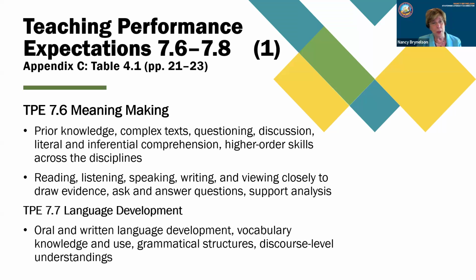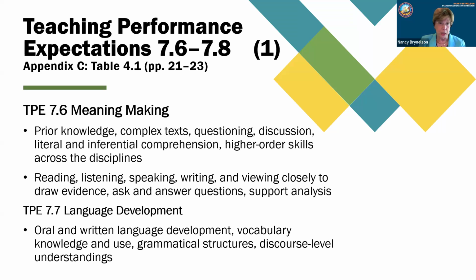So the first TPE we're looking at here is 7.6, and the row on Table 4.1 relates to the issues of building prior knowledge, supporting students as they read complex texts, helping them to learn to question, and also posing questions to students. So it's both directions.